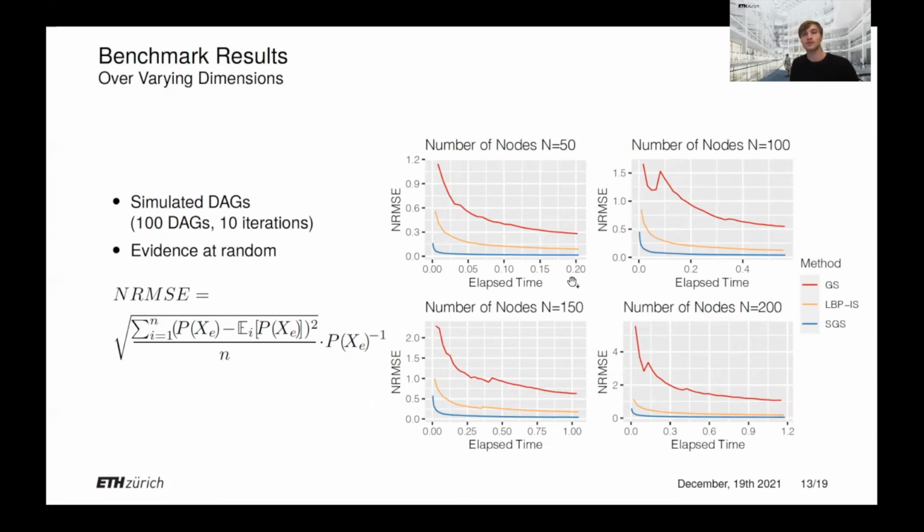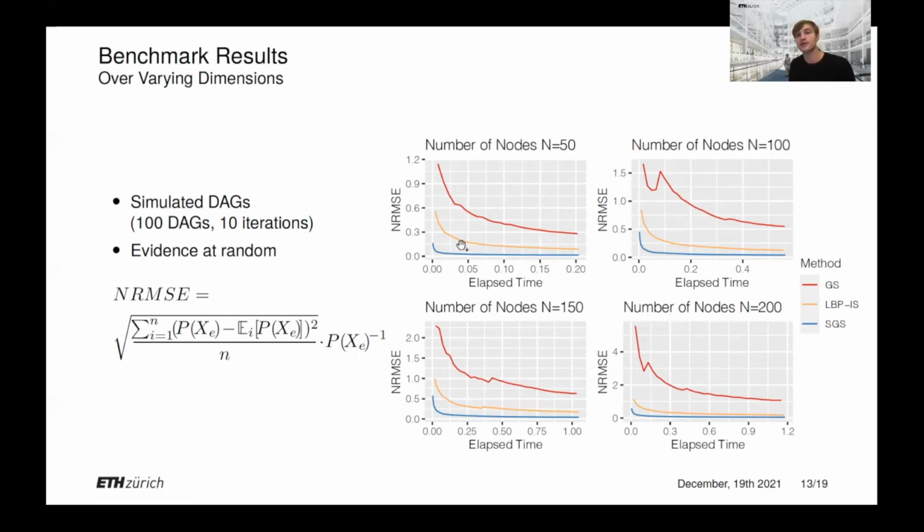So looking at this comparison, which shows the normalized root mean squared error, so low is better, we see that loopy belief propagation performs better than Gibbs sampling, and it's in particular interesting to look at the difference between loopy belief propagation and our proposed subgroup separation scheme, which is shown here in yellow and blue respectively, because the underlying approximate inference part in our subgroup separation scheme is the same as in loopy belief propagation.